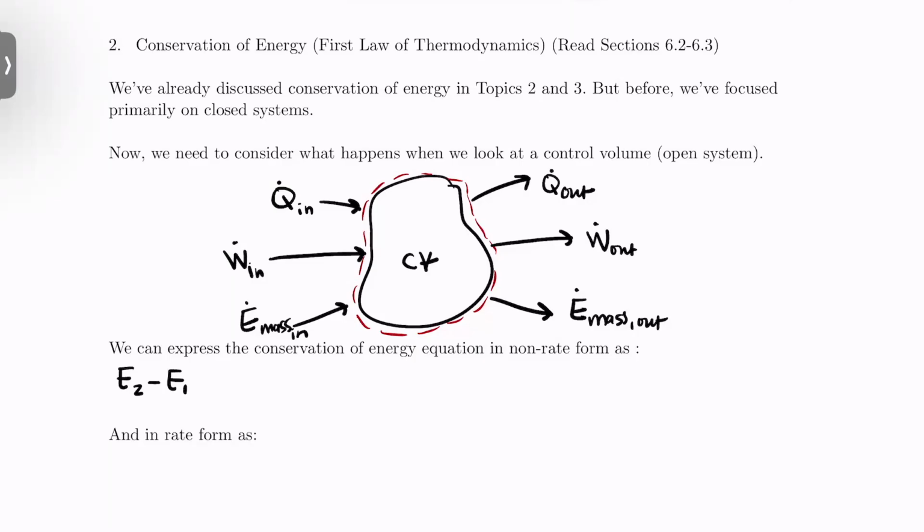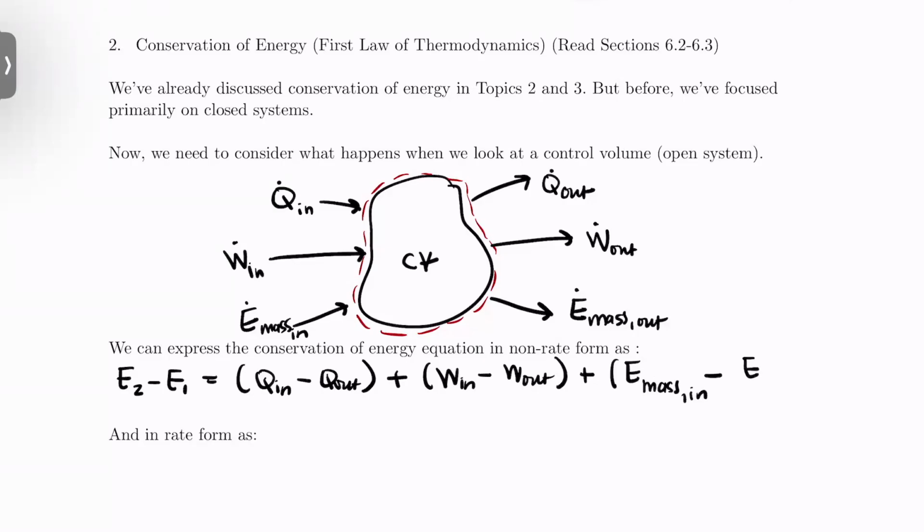So the total energy of our control mass and control volume at state 1 and state 2 is equal to Q in minus Q out plus work in minus work out plus the energy associated with the mass that's coming in minus the energy of the mass coming out, which is equal to Q minus W plus E mass in minus E mass out.